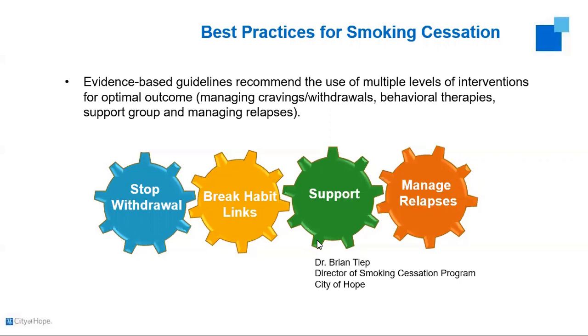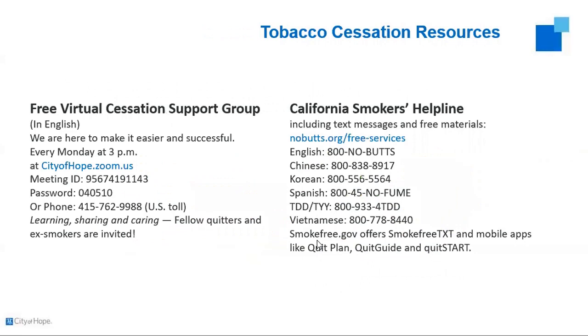I will tell you a little later about the available City of Hope support group. And fourth is managing relapses because, as we know, if you're addicted to tobacco, you are at higher risk of relapsing, or going back to smoking. So we help patients navigate through that and prevent relapses from happening.